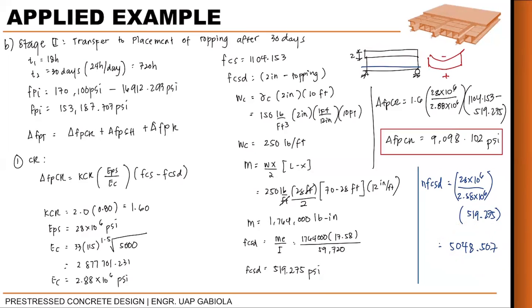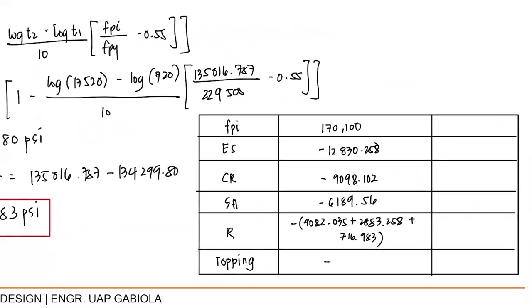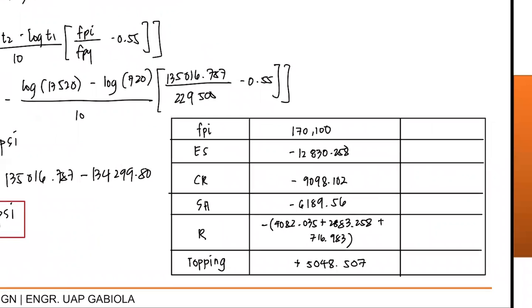So, kung sa stress diagram natin, that is equivalent dito. Kaya plus yan dapat. Plus MC over I. So, dito lalagyan na lang natin dito sa table natin. Okay? As plus 5,048.507.